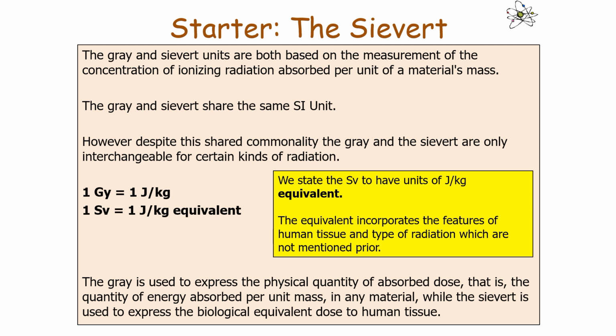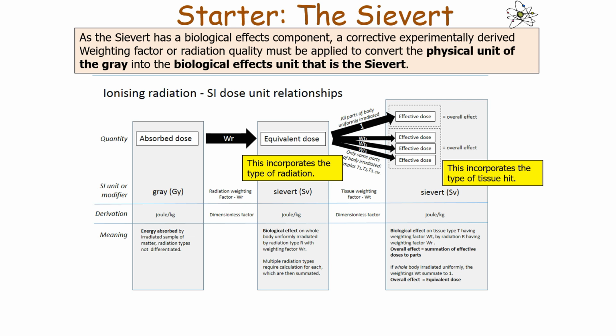The Gray is used to express the physical quantity of the absorbed dose, which is the amount of energy absorbed per unit mass in any material, whilst the sievert is used to express the biological equivalent dose to human tissue. As the sievert has a biological effects component, a corrective factor, which we call the weighting factor or radiation quality, is applied to convert the physical unit of the Gray into the biological effects unit, the sievert.